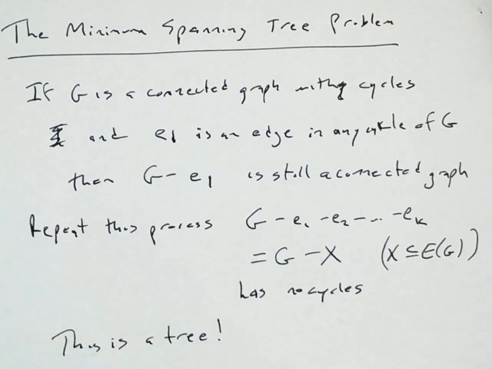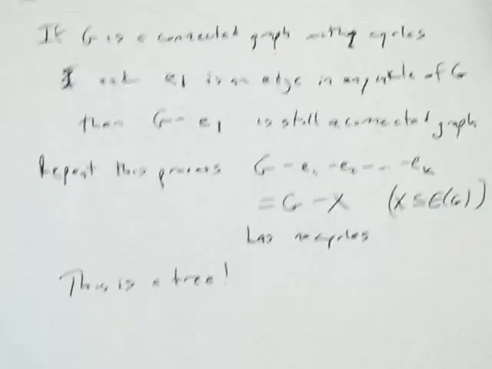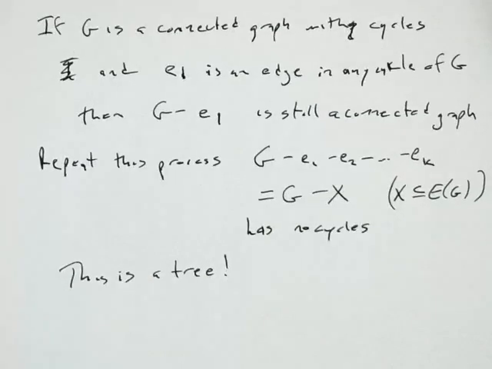Now, it's not just any tree. This tree has the same set of vertices as the original graph. And it's still connected.